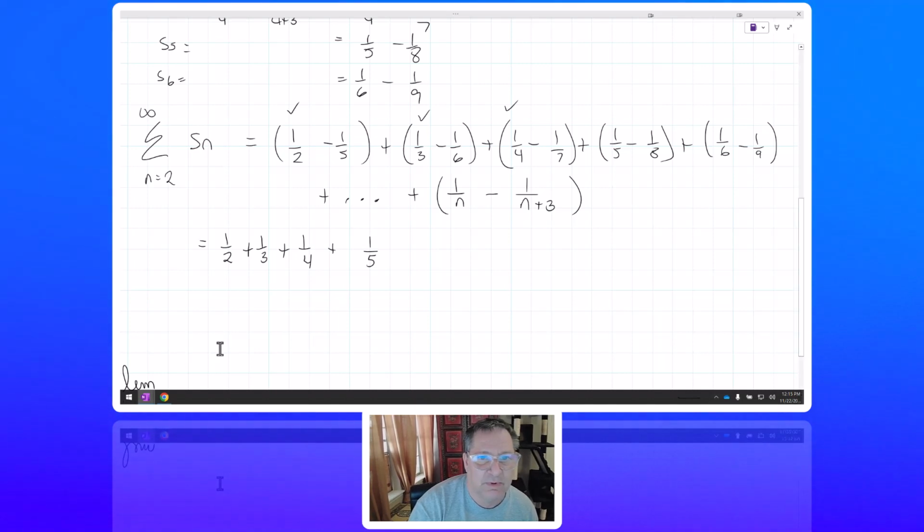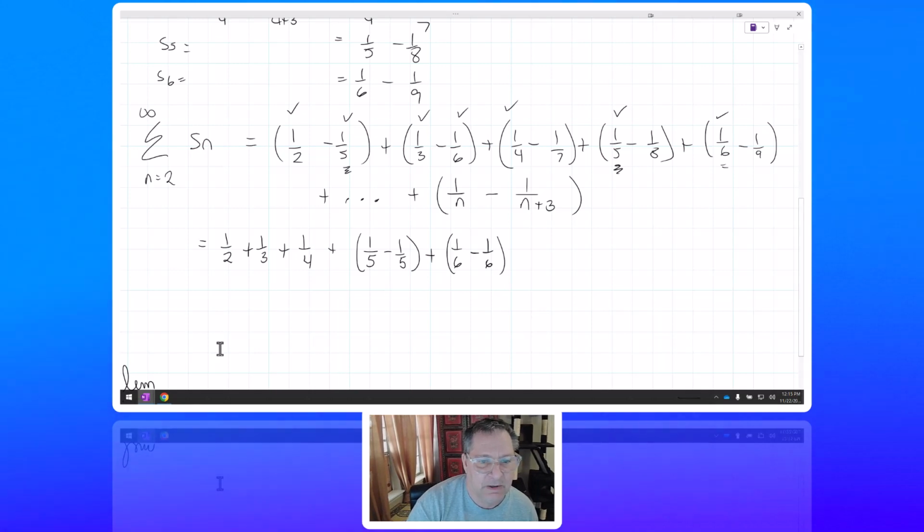So we can group this 1/5 here specifically with this minus 1/5 here. We can do the same thing when we go to the 1/6. We can pair the 1/6 with the 1/6 we'll find here. So we've got that pair.